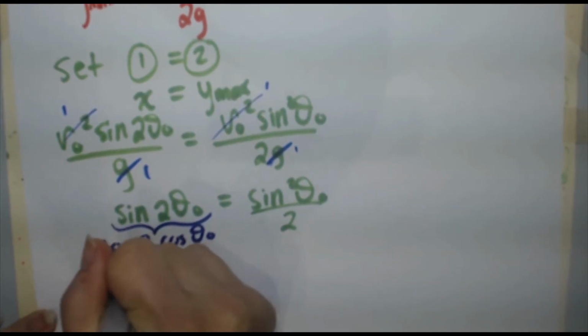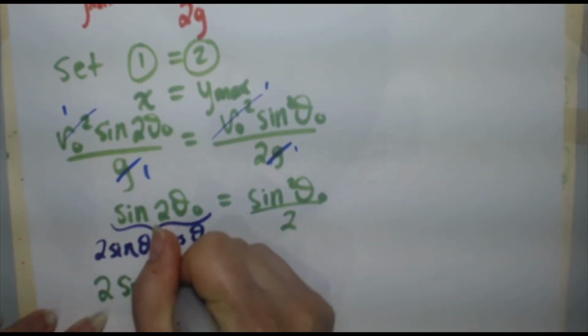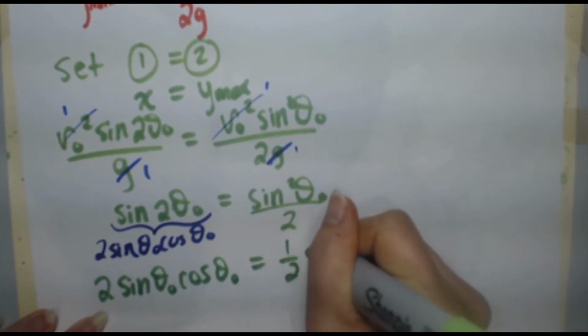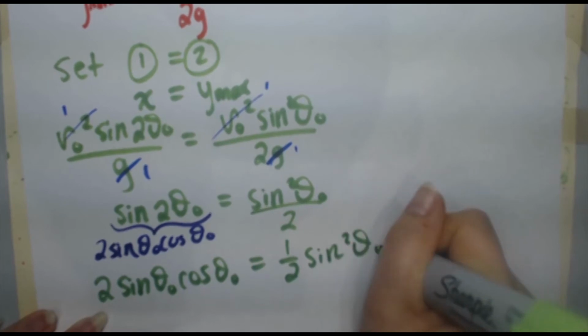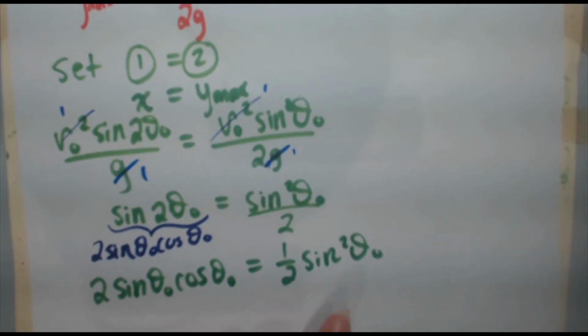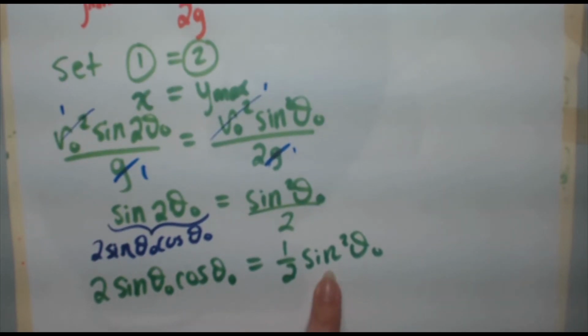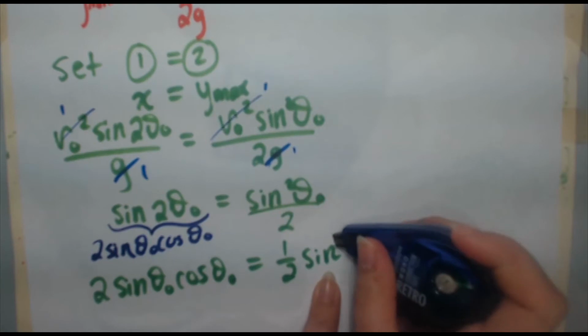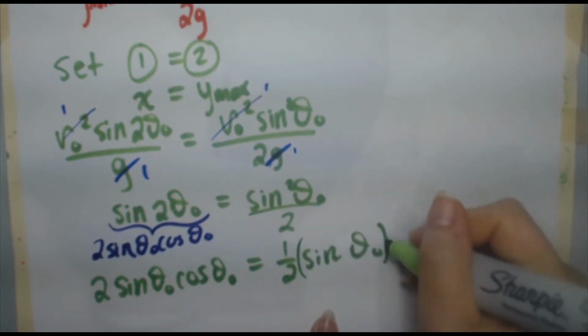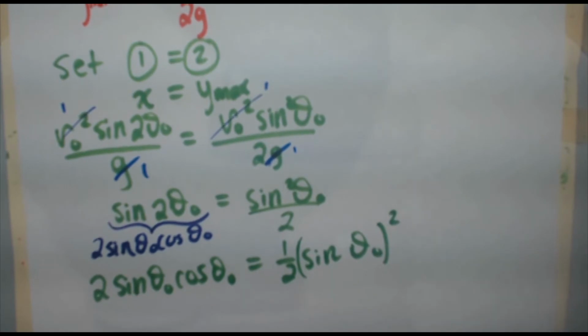So let's rewrite it. 2 sine theta naught cosine theta naught is equal to 1/2 sine squared theta naught. I just took the half and brought it to the front there. Now sine squared theta naught, another way of writing that is just sine theta naught in brackets squared.